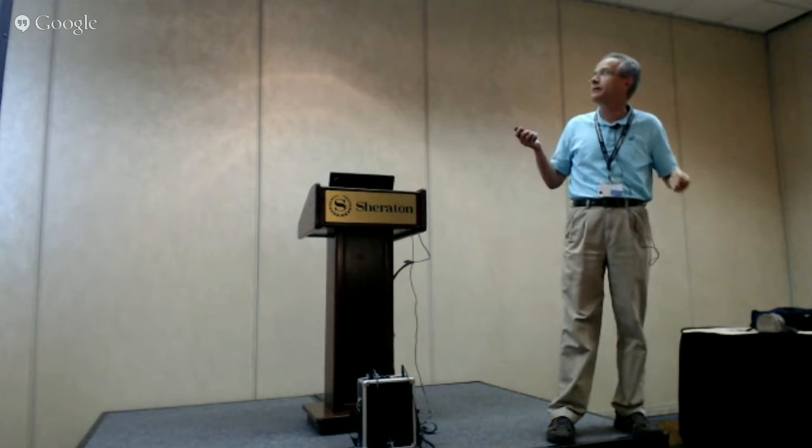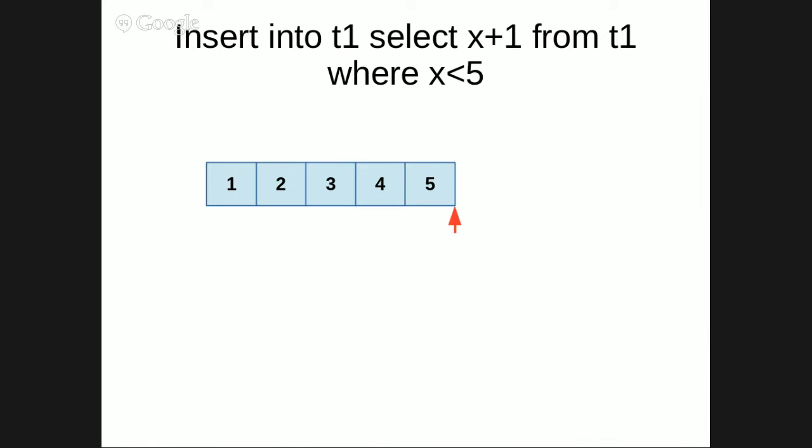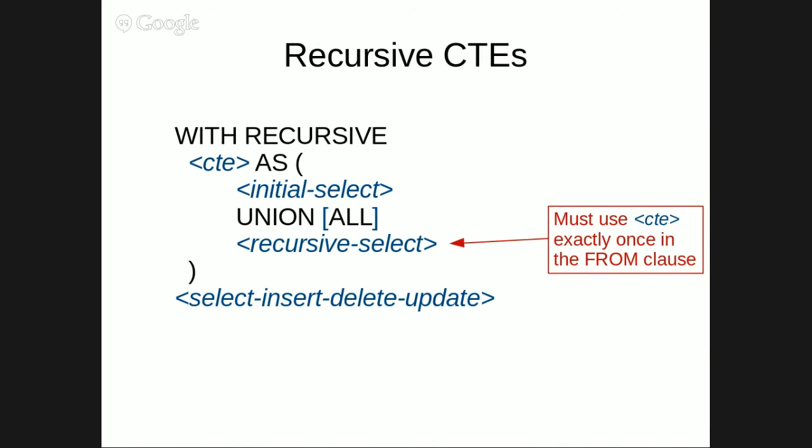It turns out that a recursive common table expression is a little bit different, and it does do what I just showed you. So let's talk about recursive common table expressions. They have an unusual form. It's kind of a rigid format. It starts with the keyword WITH and sometimes the keyword RECURSIVE. I will go into that more in a second.